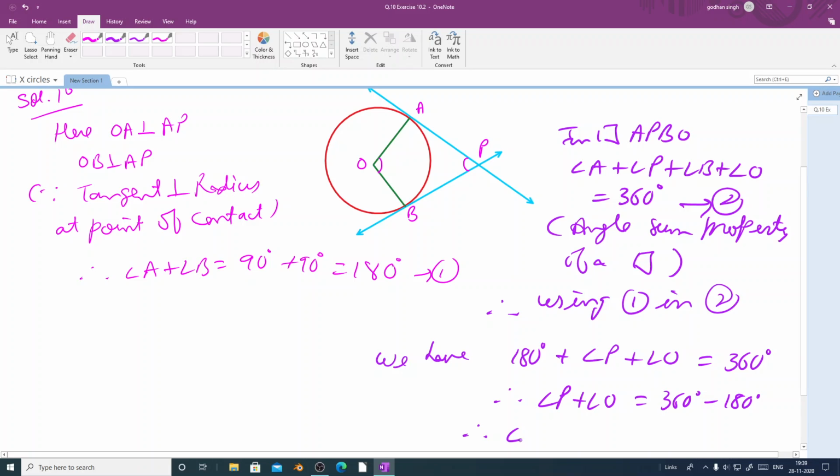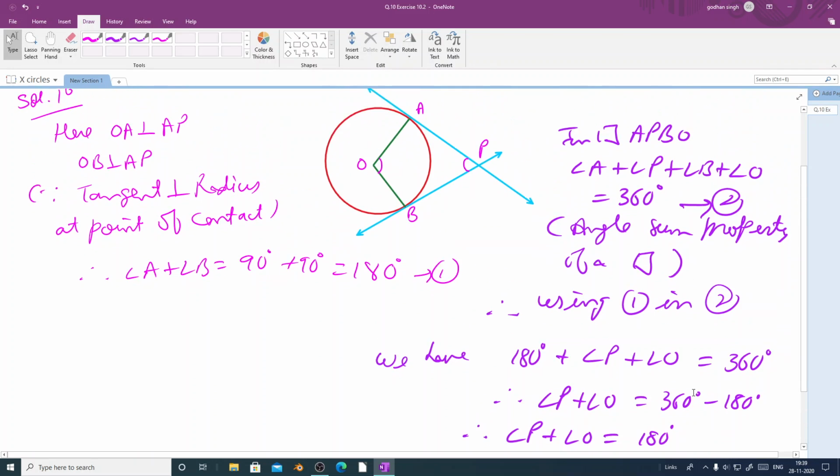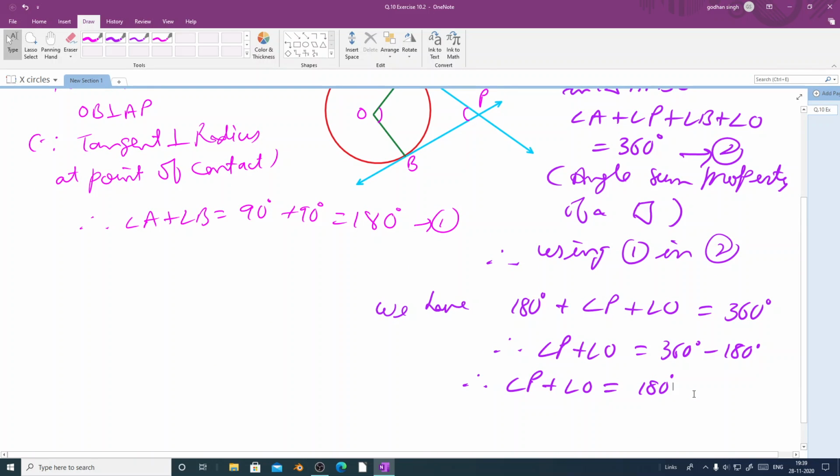Therefore, angle P plus angle O equals 360 degrees minus 180 degrees, so angle P plus angle O equals 180 degrees. That means angle P and angle O are supplementary. So this is what we needed to prove. With this, question number 10, exercise 10.2 is complete.